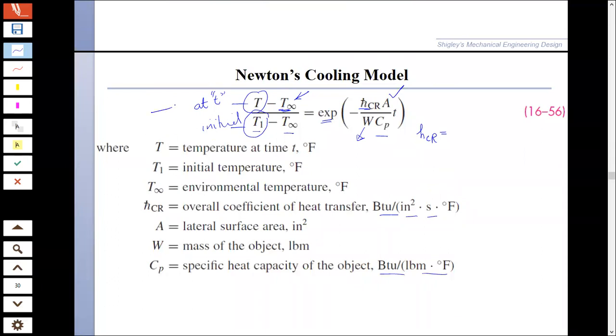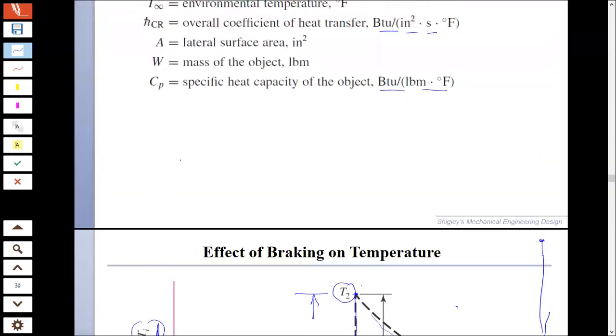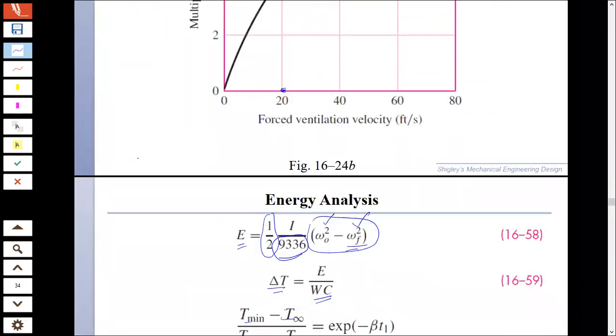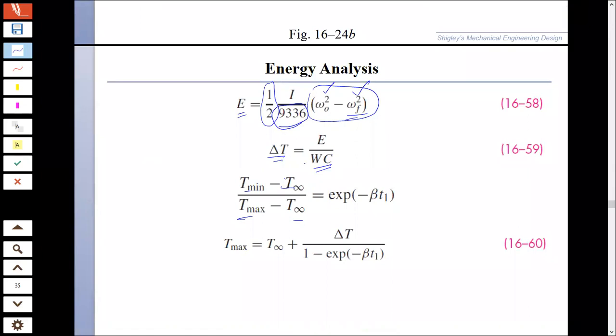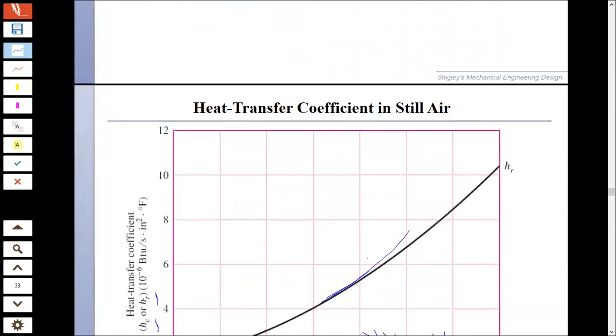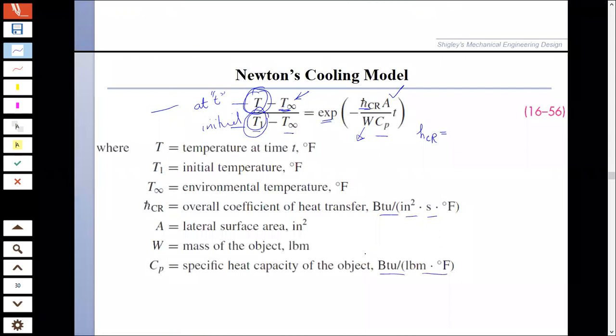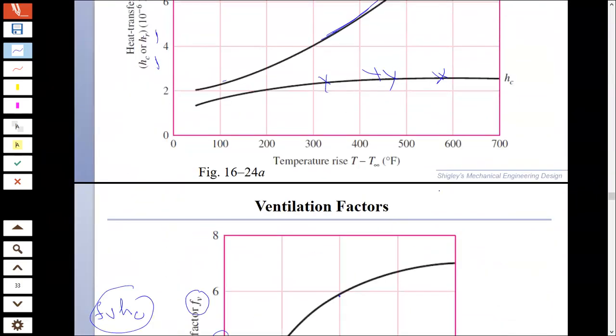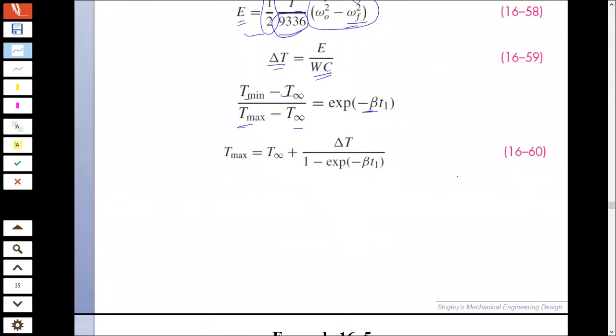The only difference is that we are calling this one T minimum and this one T maximum, and we are using just a short form of the above equation by using beta, where beta has a value of minus HCR times A over WCP, multiplied by the time T, right? So multiplied by the time T here.